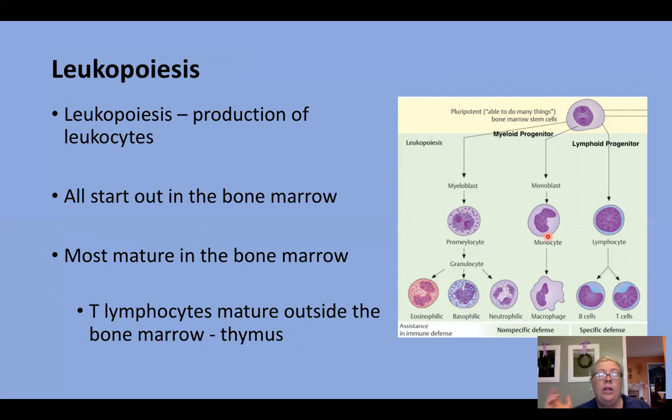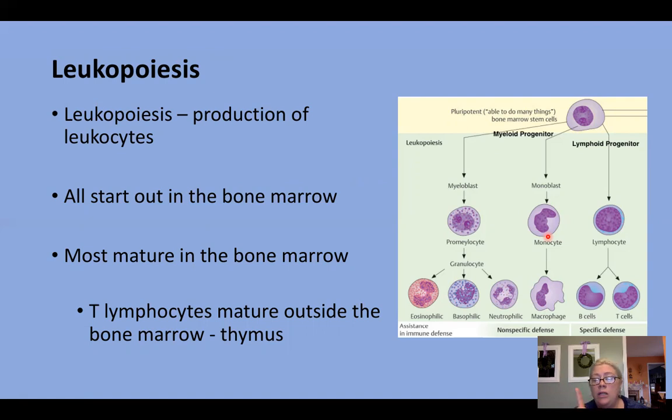So leukopoiesis, production of leukocytes, like the thrombopoiesis and the erythropoiesis, is all of them, regardless of which of the 5 white blood cells we're going to talk about, going to start off in the bone marrow. Most of them are also going to mature in the bone marrow, just like the thrombocytes did, just like the erythrocytes did.